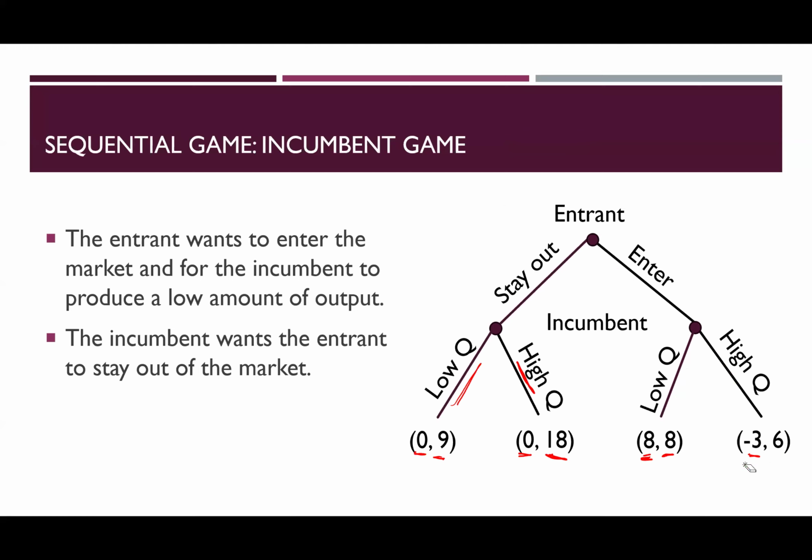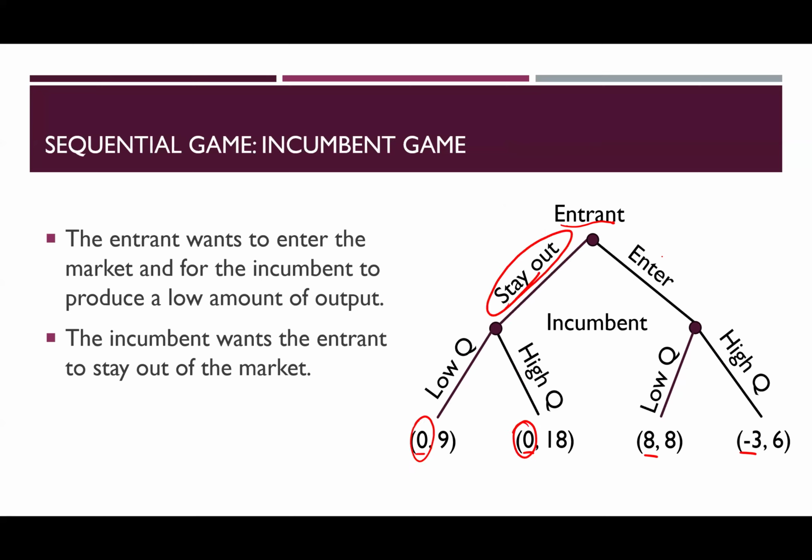All right. So like we mentioned in the previous slide, we're going to use backward induction. Okay. So our entrant is going to move first. We're looking at their payoffs, right? So if they stay out, they earn nothing.